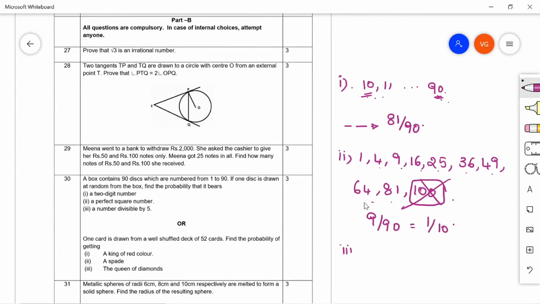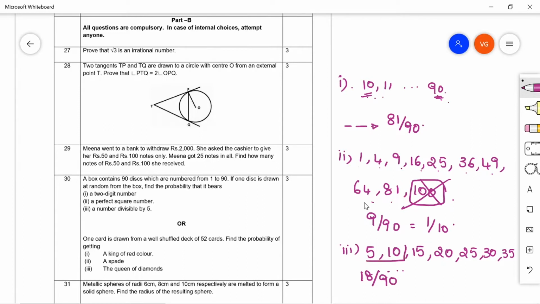Next, third one, that are divisible by 5. So the number that is divisible by 5, you can just simply read the fifth table till 90, right? So how many are there? 5, 10, 15, 20, 25, 30, 35. So like that you continue till 90. So totally you will get 18 numbers. So 18 by 90. So how am I getting this 18?